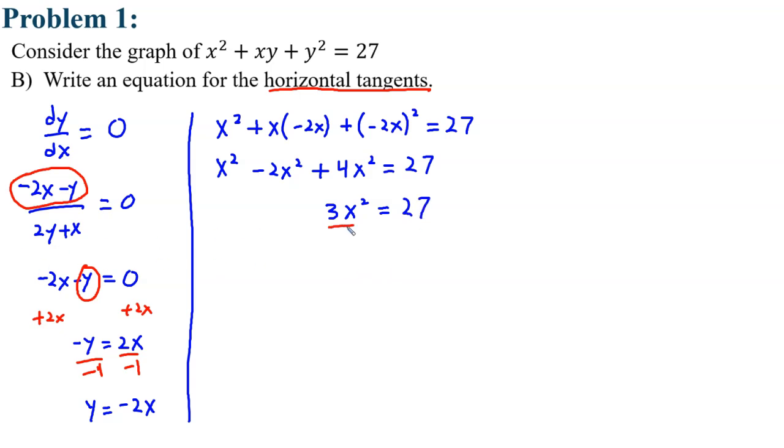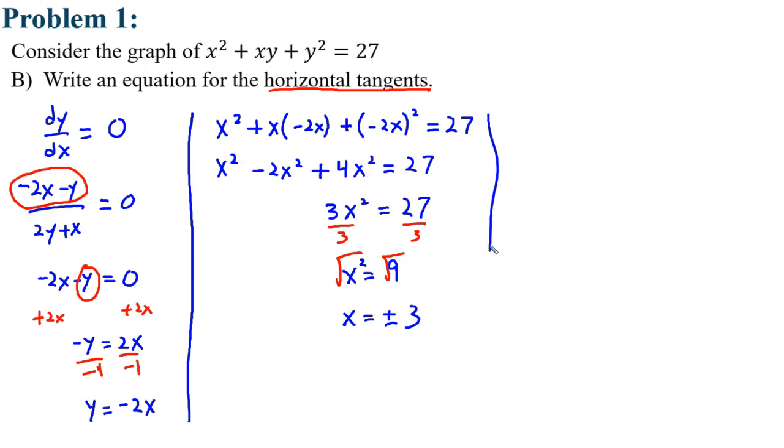And to get the x by itself, we'll just divide by 3, which will give me that x squared is equal to 9. And then take a square root, which leaves us with x is equal to plus or minus 3. All right, so I'll have horizontal tangents at x equals 3 and negative 3.